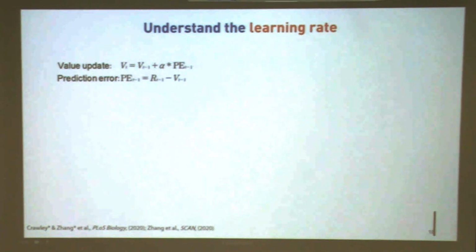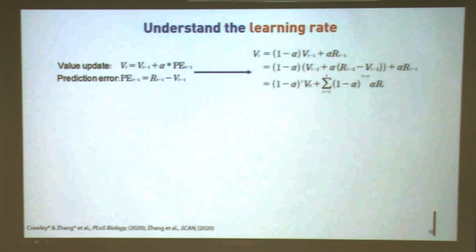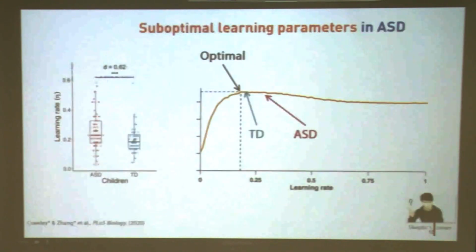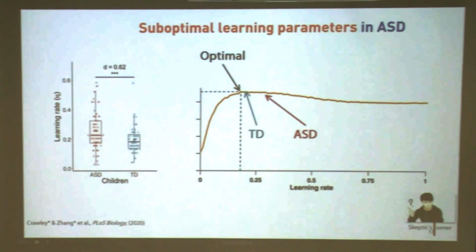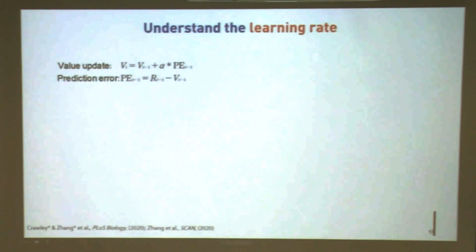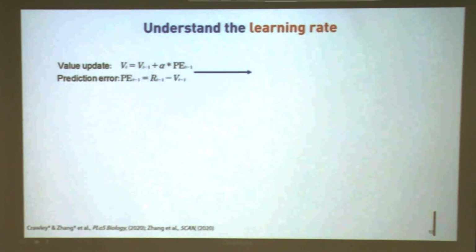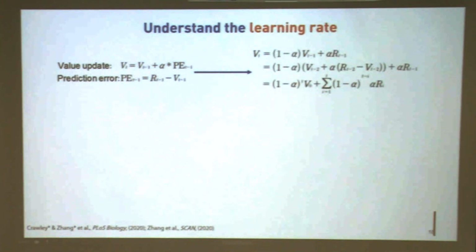Right. So if you're interested, just one minute to explain why a relatively low learning rate is optimal in that learning task. It is because of these equations I showed you. You could reorganize them to represent the value at the current trial t as a function of the initial value. I told you at the very beginning, you think the value is the same for blue and for yellow.